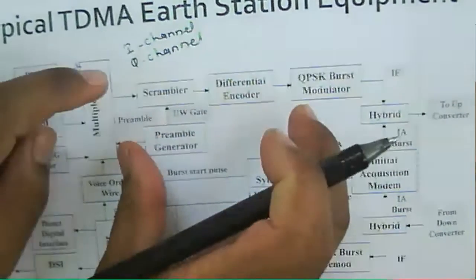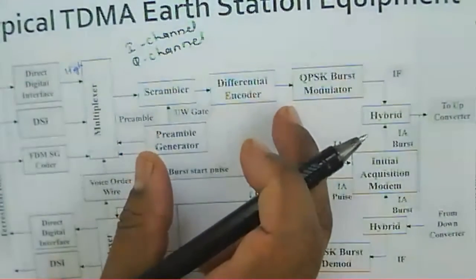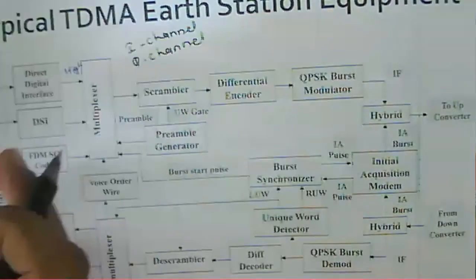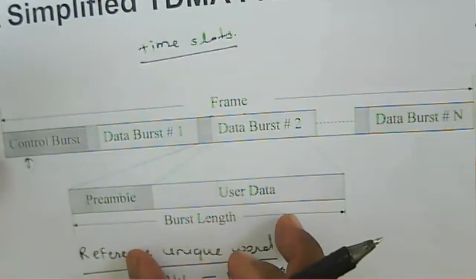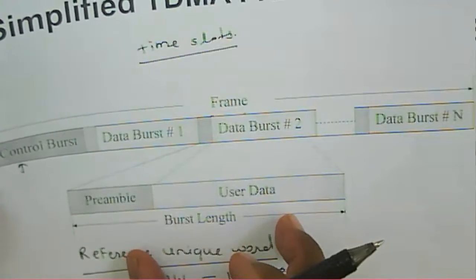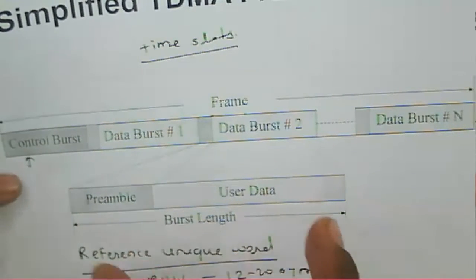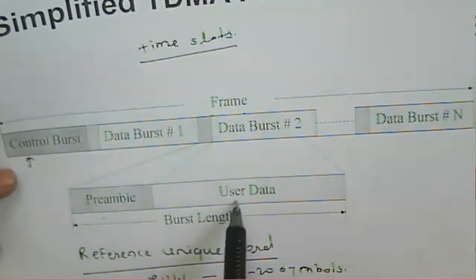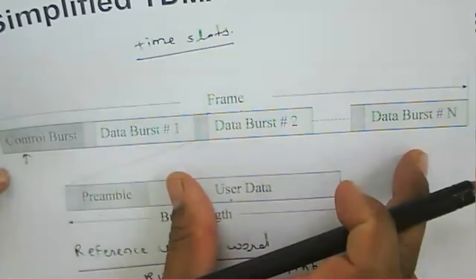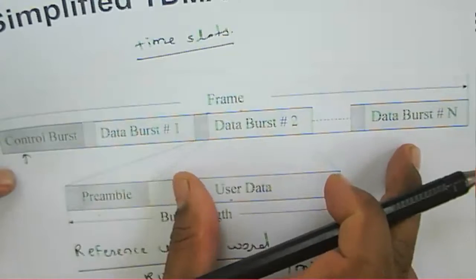Generally, the TDMA frame format has a preamble and user data. In each burst in a frame there is the preamble and user data, and that is a total frame.